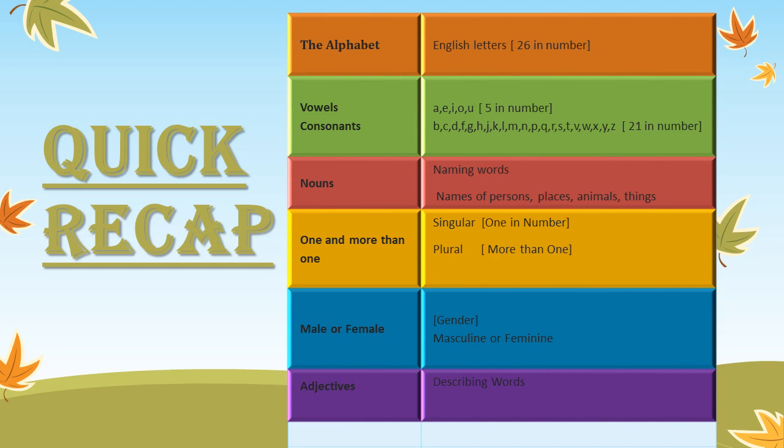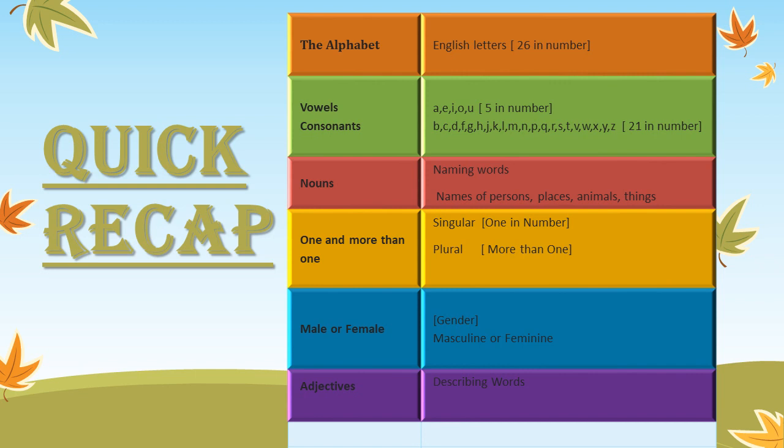Chapter 3, nouns. Nouns are naming words, names of persons, places, animals and things. Chapter 4, one and more than one.